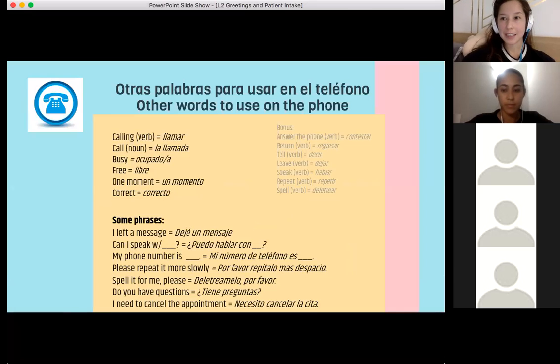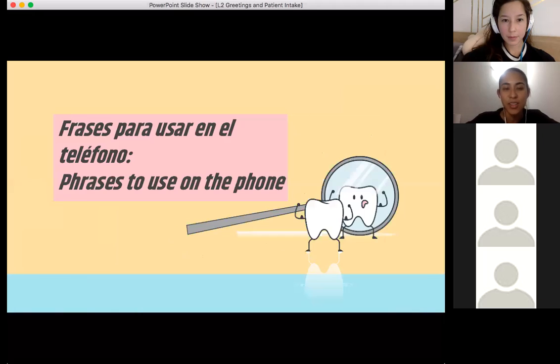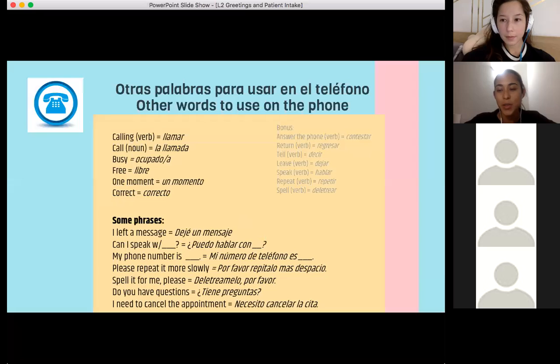Okay, and Roxy, this is you. I just got a question, but it's a good one. They're asking if there's estes. There's just estos, and for some reason it'll be estos for masculine and estas for feminine.